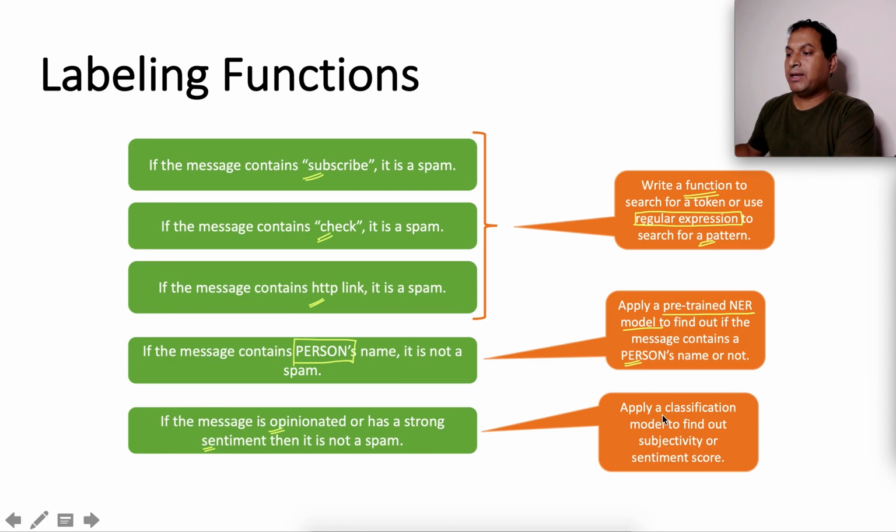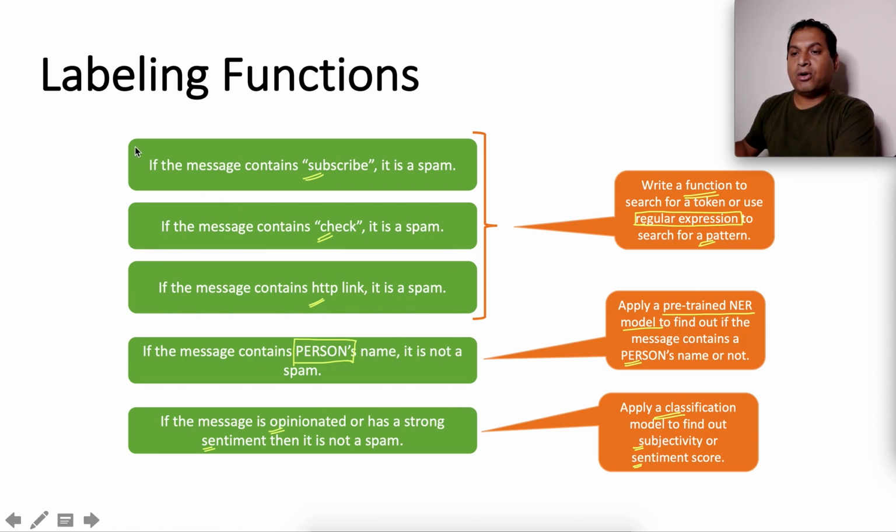Then we can apply an existing pre-trained classification model, like a sentiment classification model. And you can find out the subjectivity, which says whether it's opinionated or not, or a sentiment score, which again says how strong or how weak the sentiments are.